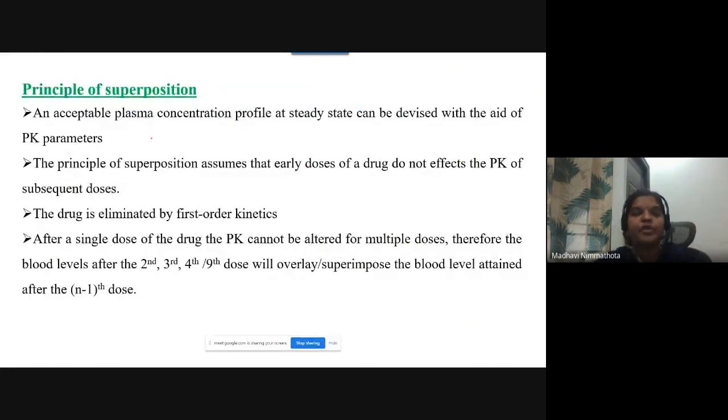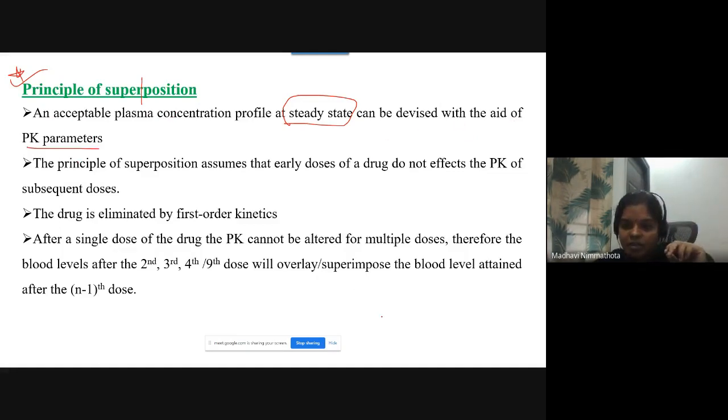And then there is one more concept that you need to learn in this fifth unit, that is multiple dosage regimen, which is nothing but the principle of superposition. An acceptable plasma concentration profile at steady state can be devised with the aid of PK parameters.